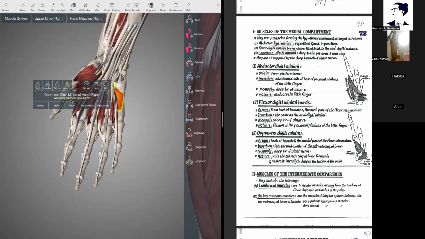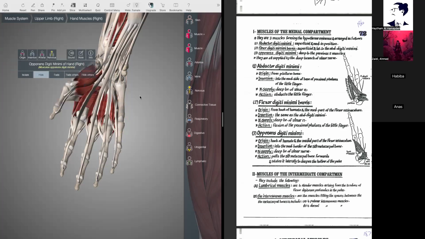And opponens digiti minimi. And they are all innervated by the ulnar nerve.